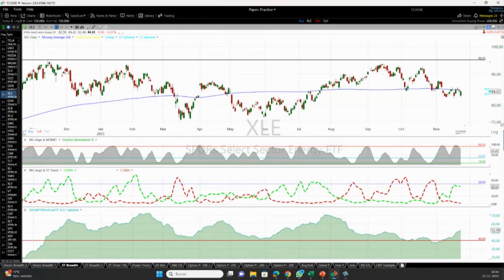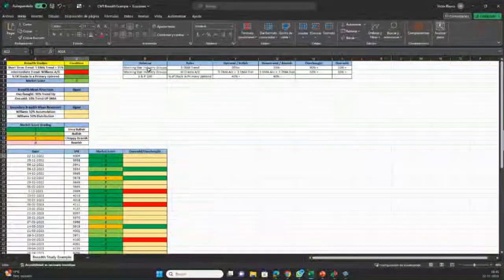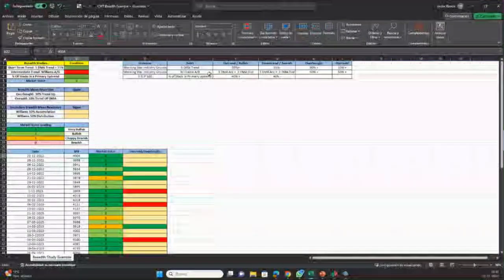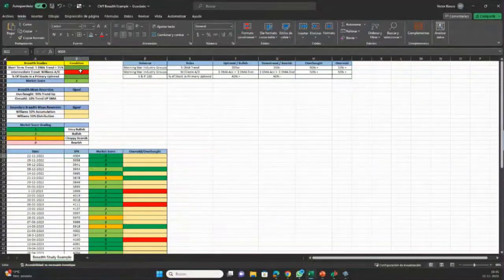You score them with your rules. You can do whatever you want. If you use all indicators and you have your own rules, your own studies, you grade the market based on that.